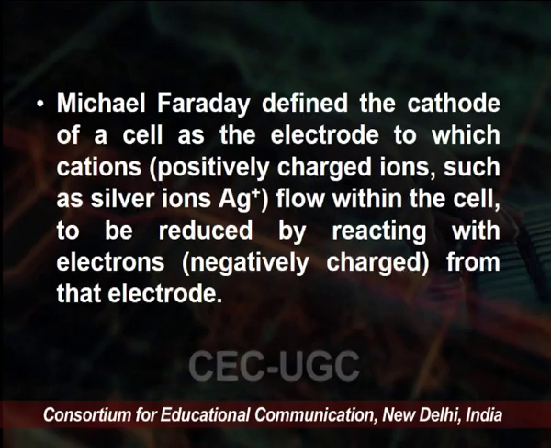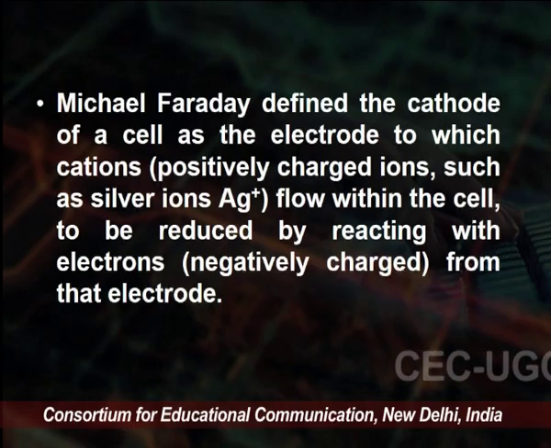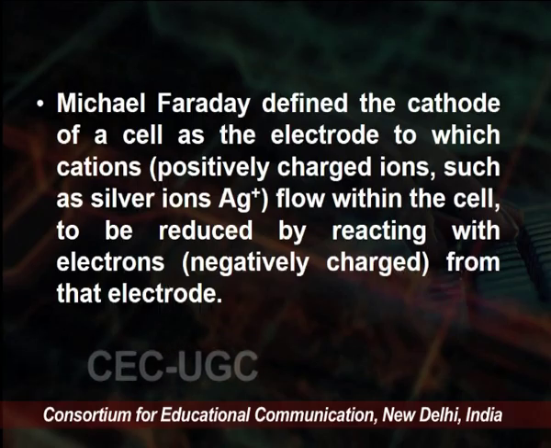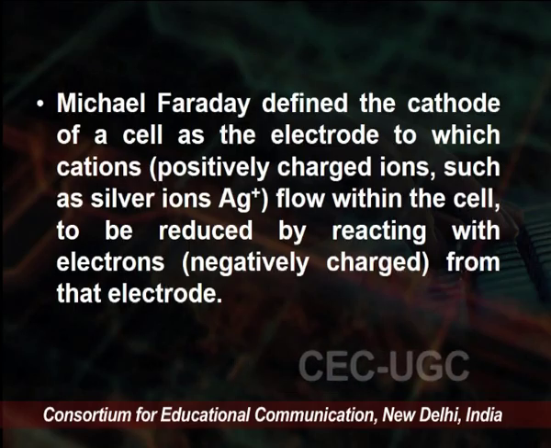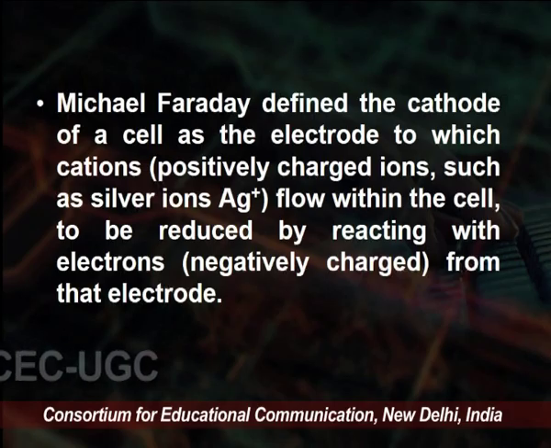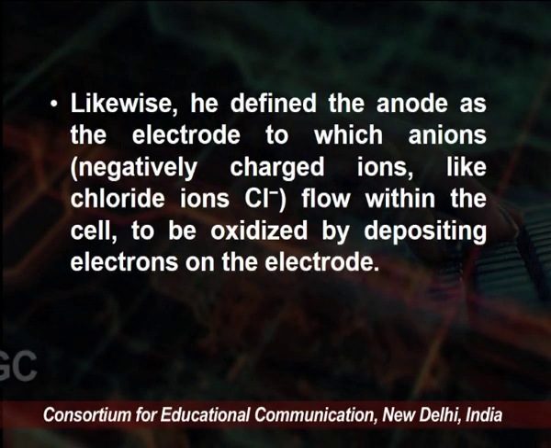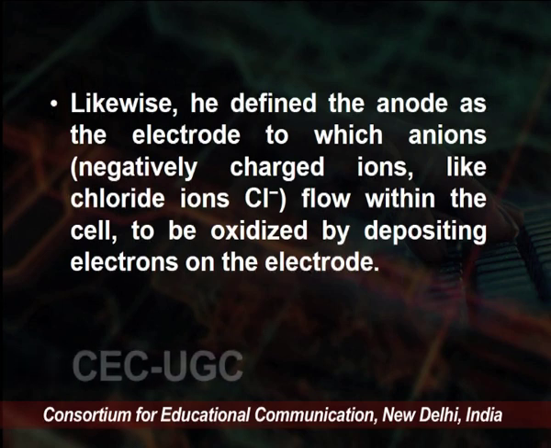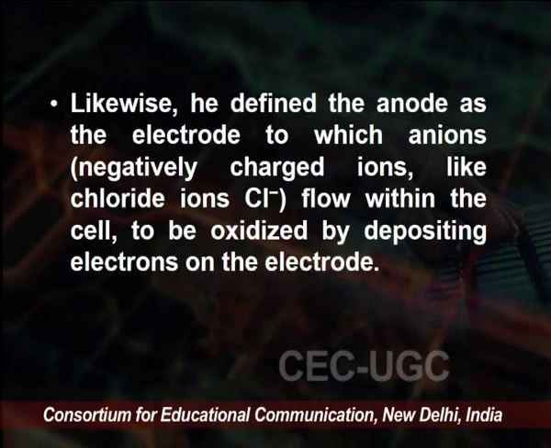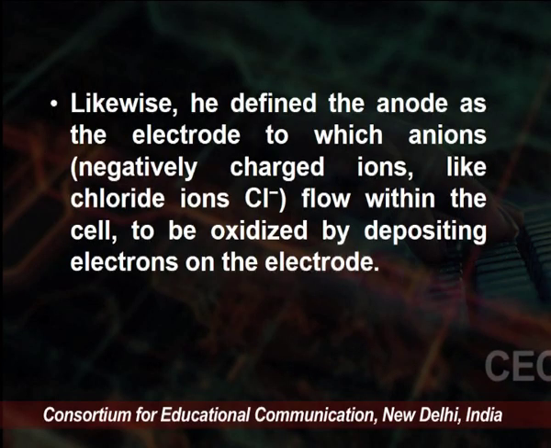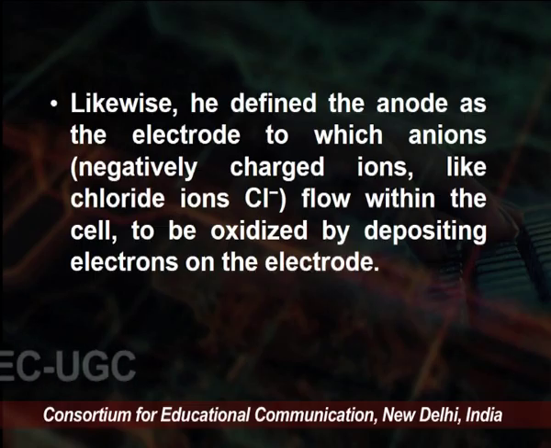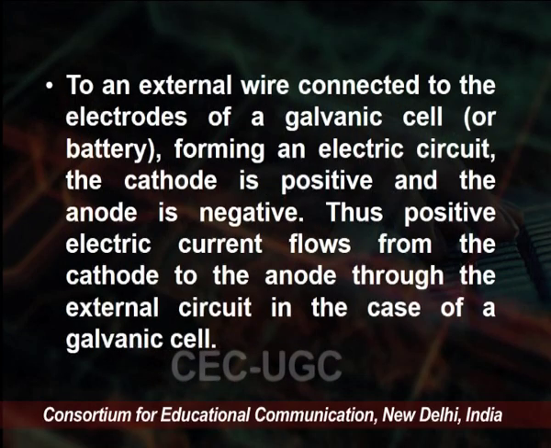Michael Faraday defined the cathode of a cell as the electrode to which cations, positively charged ions such as silver ions, flow within the cell to be reduced by reacting with electrons. Likewise, he defined the anode as the electrode to which anions, negatively charged ions like chloride ions, Cl negative, flow within the cell to be oxidized by depositing electrons on the electrode.